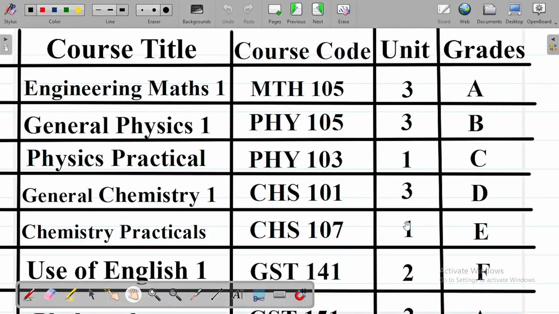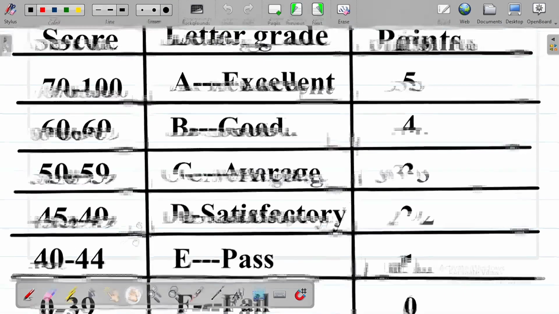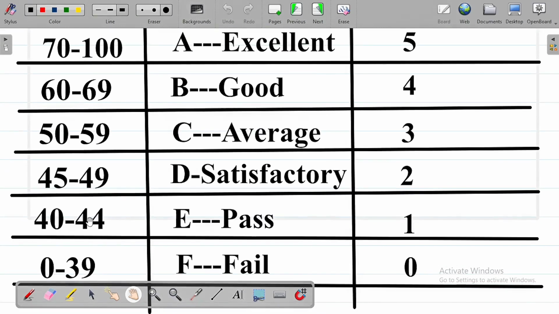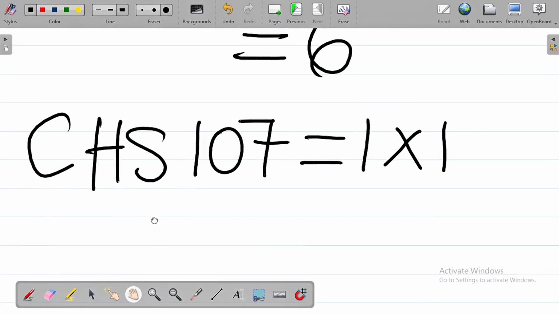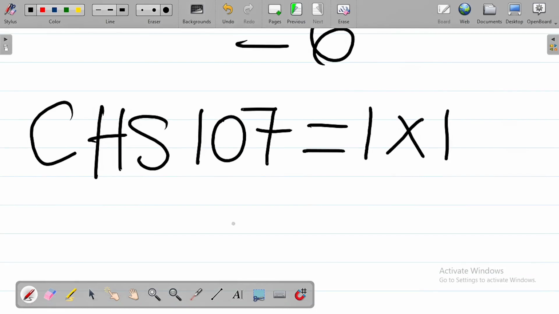Chemistry Practical is a 1-unit course, and the student has E. 40 to 44 marks is E, and E is 1 point. So we have 1, the point, multiplied by 1, the unit of the course. So the grade point for Chemistry Practical is 1, because 1 multiplied by 1 is 1.